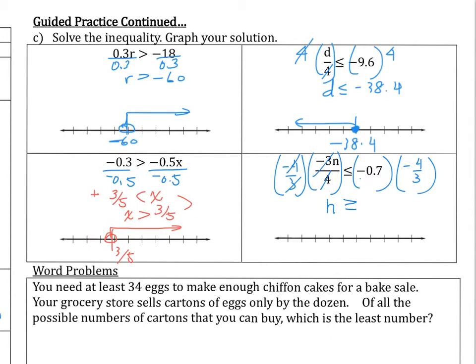So negative negative makes positive, and then we have 2.8 over 3. N is greater than 14 over 15. We're just going to graph this here, closed circle, and point the arrow to the right.